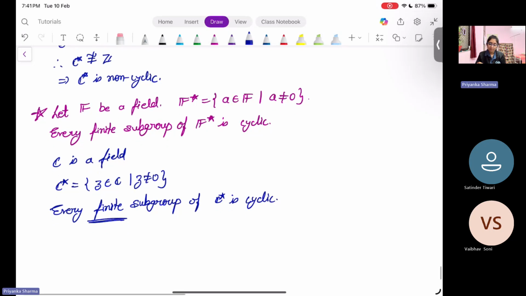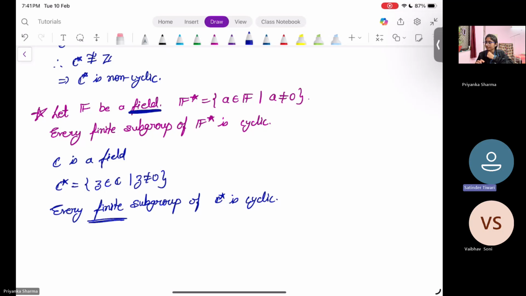Okay, so actually here we are taking just fields. They can be either finite fields or infinite fields. So if you have finite fields, then yes, F star will be cyclic. But if F is an infinite field, then F star will not be cyclic. But in both cases, finite and infinite, every finite subgroup of that will be cyclic. Clear?